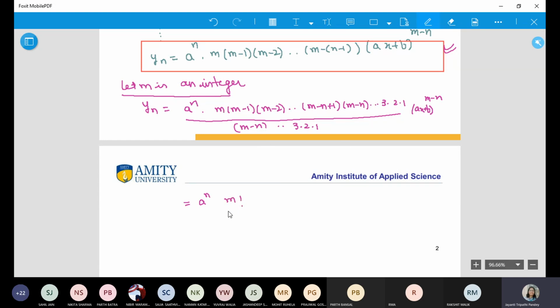So this is factorial m divided by factorial m minus n, times a to the power n, (ax plus b) to the power m minus n. Remember that this is the case when your m is an integer. Otherwise, we cannot write it in this way. Is this accepted? Yes, ma'am.